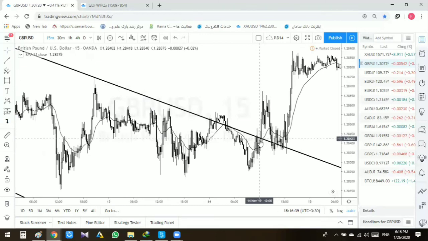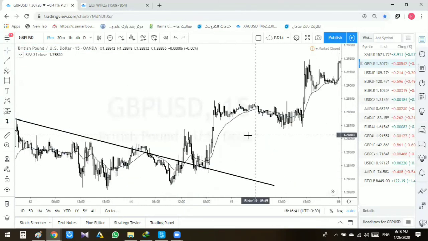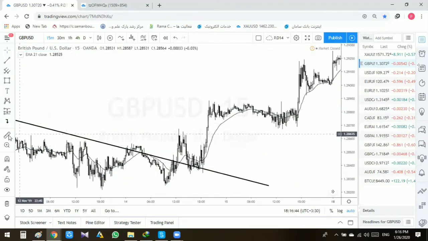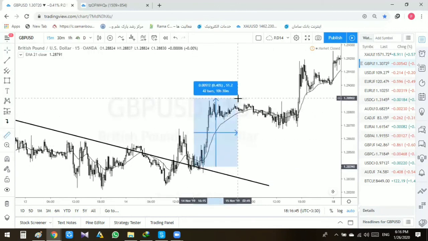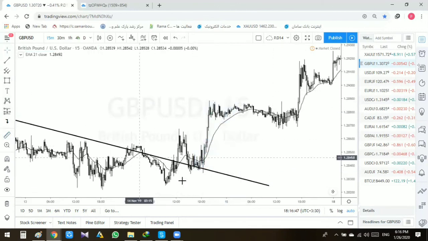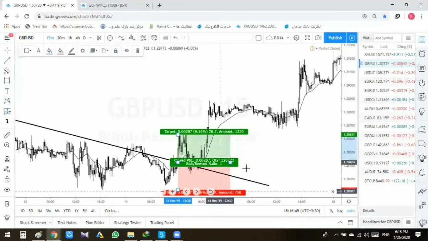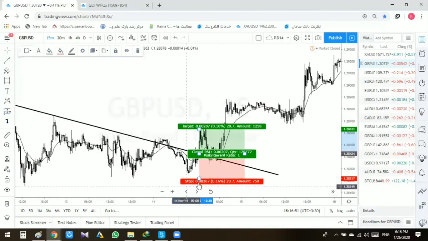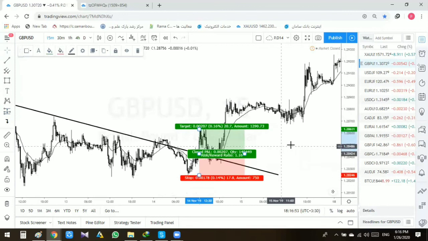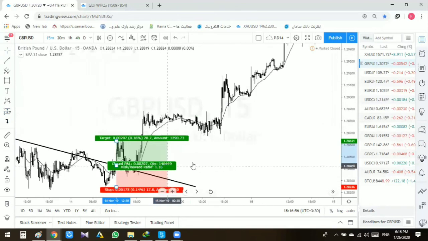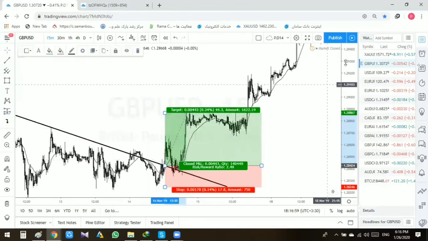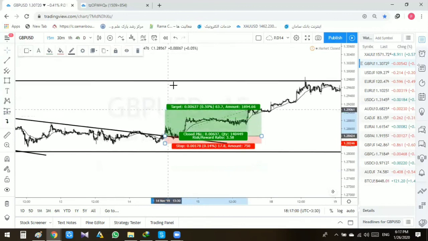But here I don't think so. I think I had this momentum because my entry was right after this candle and my stop loss was below the last low, something like this, and goes for this area, right?